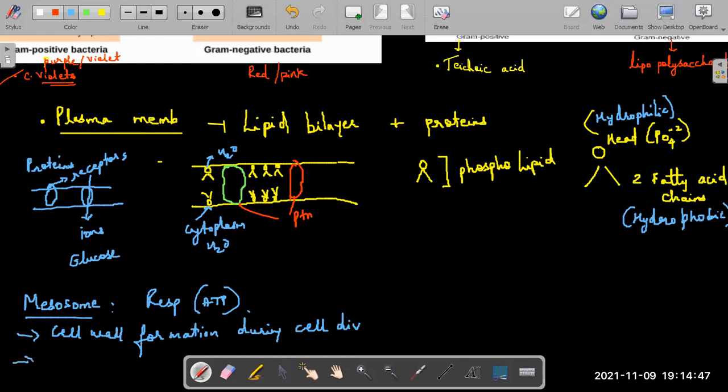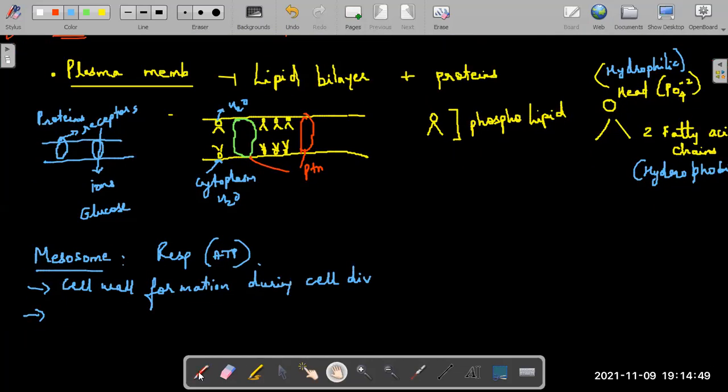So mesosomes are nothing but, I told you, infolds of the inner plasma membrane. They help in respiration, as I told you. They increase the surface area.